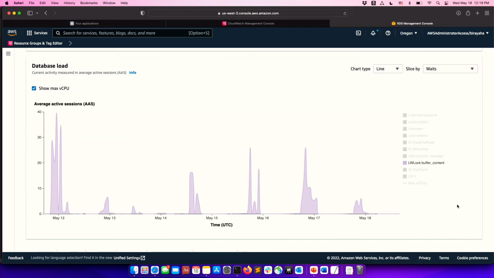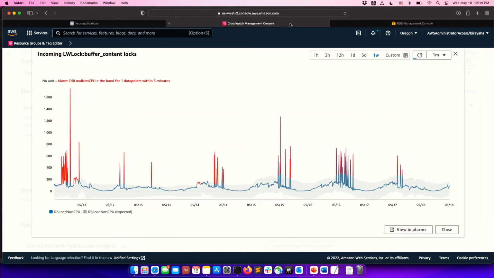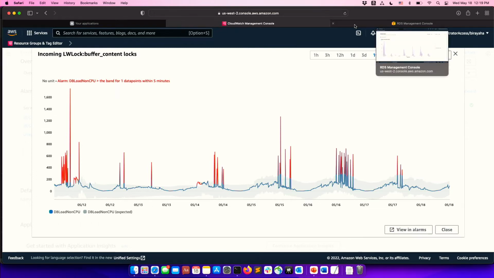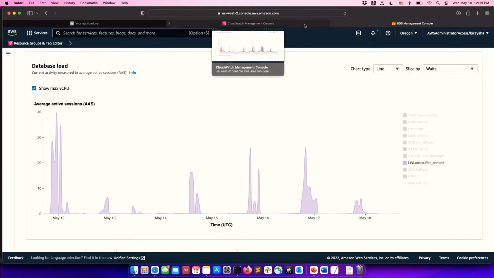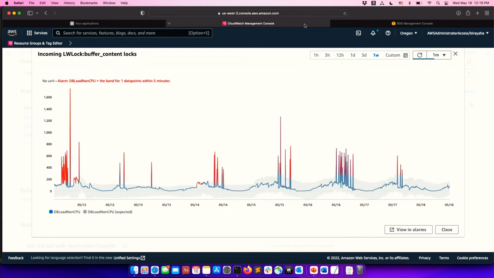And if we look at the view of the database, the DBLoadNonCPU, you can see that there is a strong correlation between the buffer content lock and the time that the DBLoadNonCPU crosses the normal values. So hopefully this makes the point about how to monitor a buffer content lock.